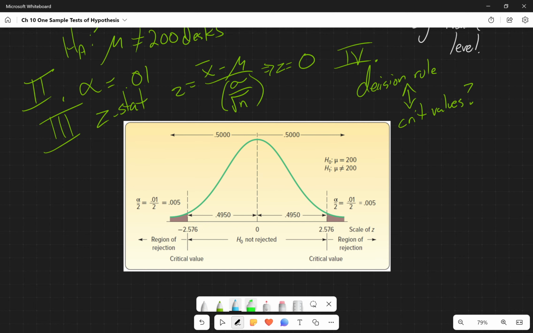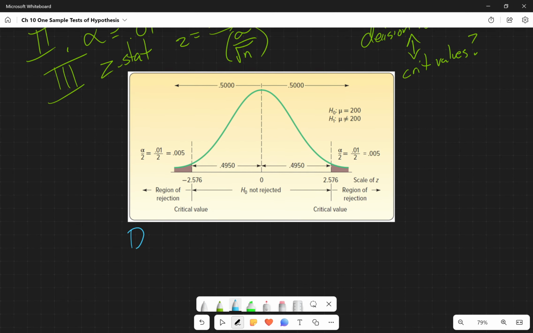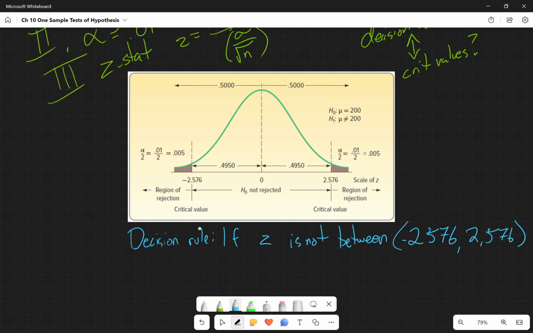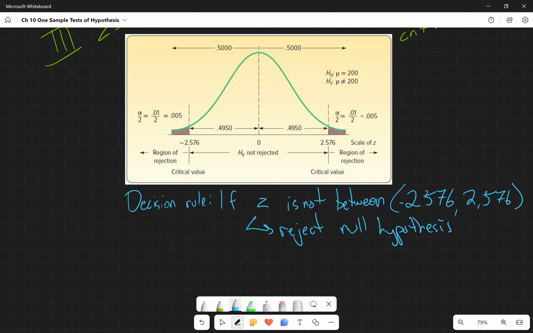So the decision rule that we can make from this: if the computed value of z is not between negative 2.576 and positive 2.576, we're going to reject the null hypothesis. If we find that the z is within that, then we're going to fail to reject the null hypothesis.